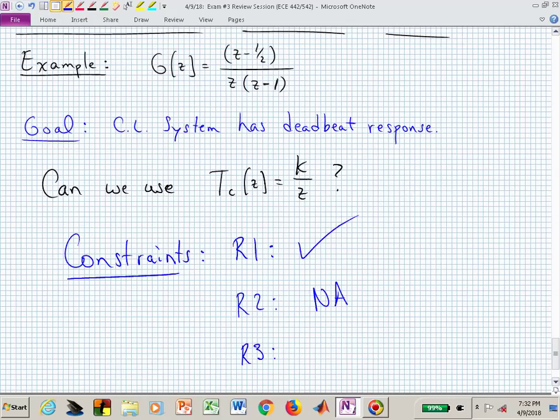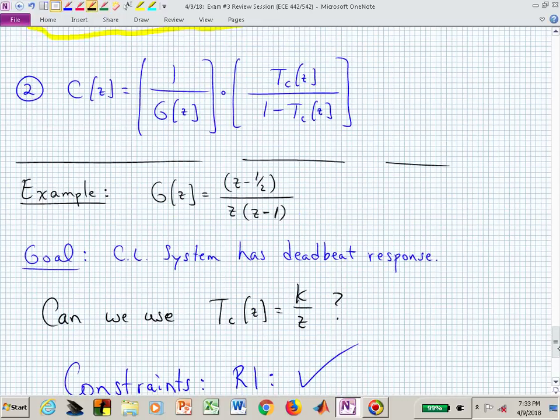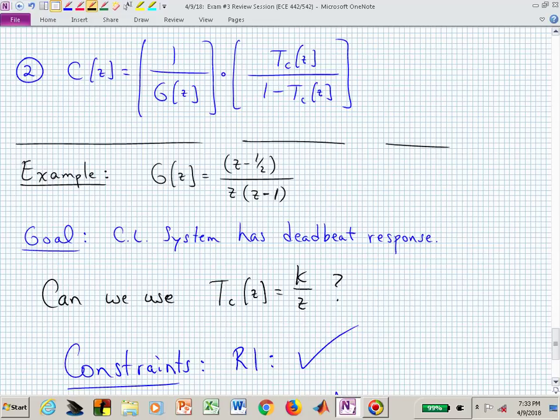And what do we need to ensure with restriction 3? We could go back to this formula to figure it out, but now we need that 1 minus t sub c of z to vanish at the value of z associated with these unstable poles.